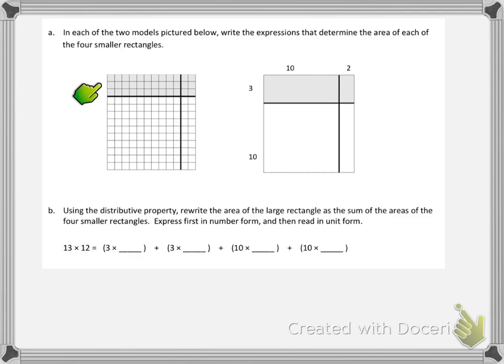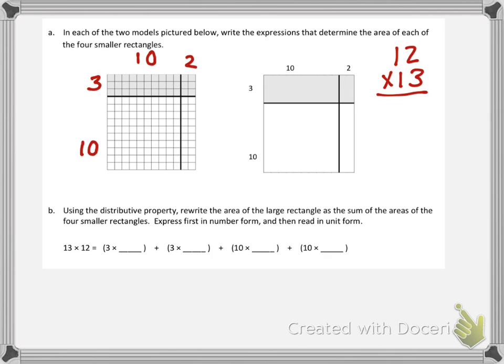So over here, we're going to match it, and we're going to put a 3, and we're multiplying this by the 10, and this one over here 2, and then over here by 10. So basically what our problem is this evening is 12 times 13.